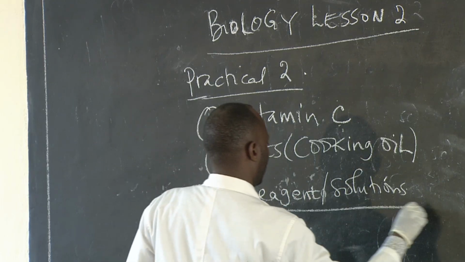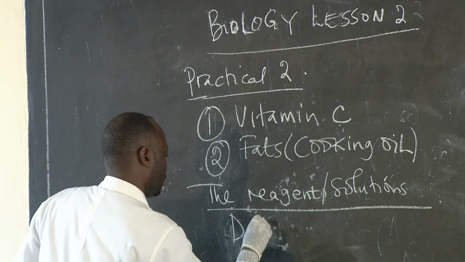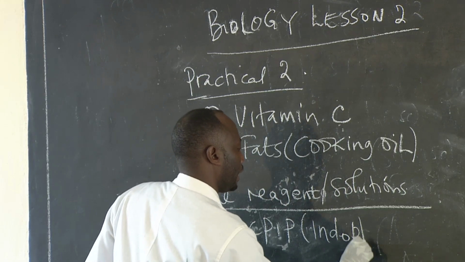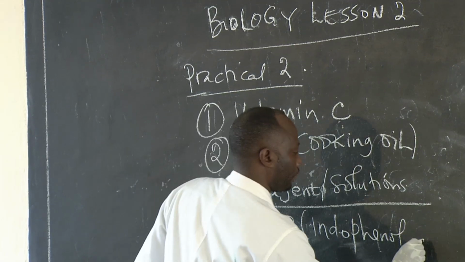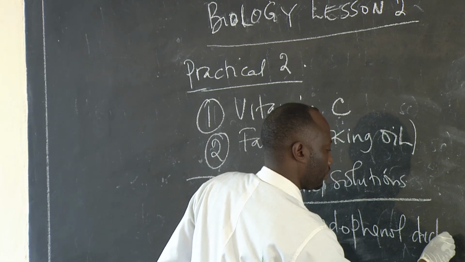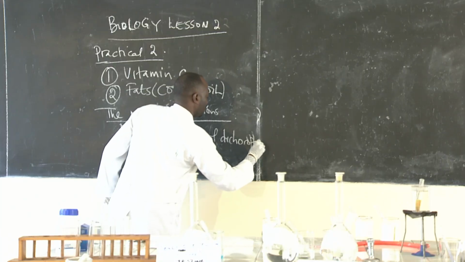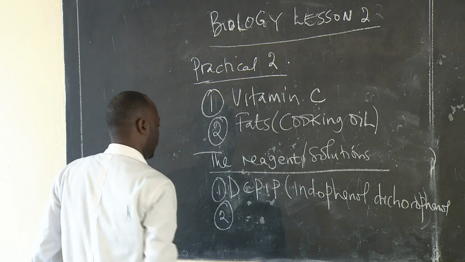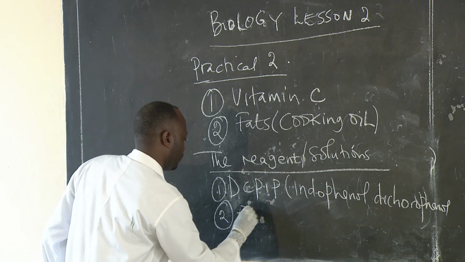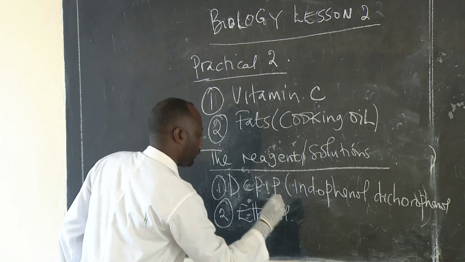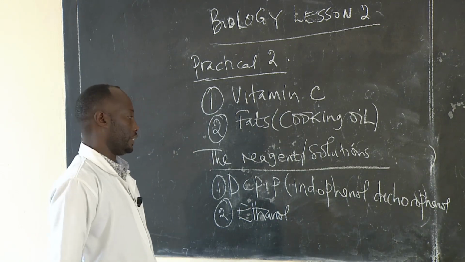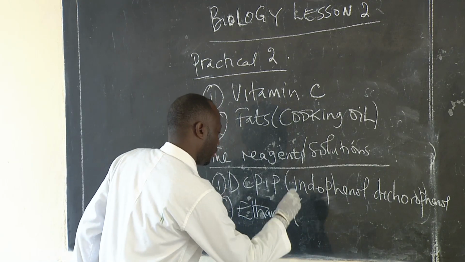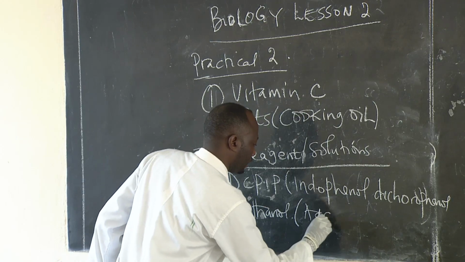We are going to use DCPIP, dichlorophenolindophenol. Number two, we're going to use ethanol. Sometimes the ethanol test, we call it the emulsion test. We also add water.